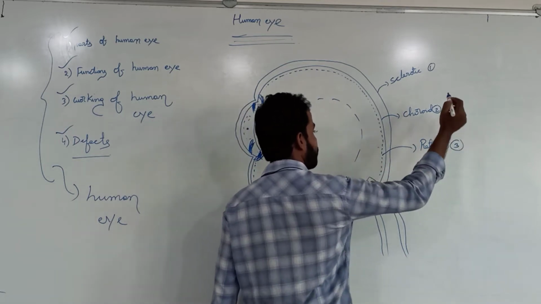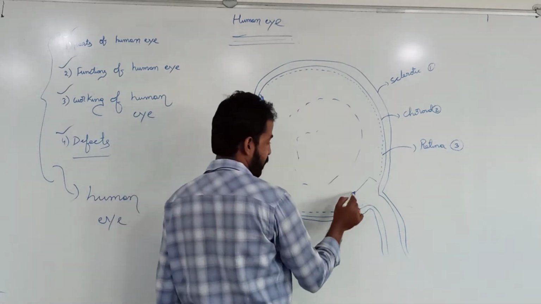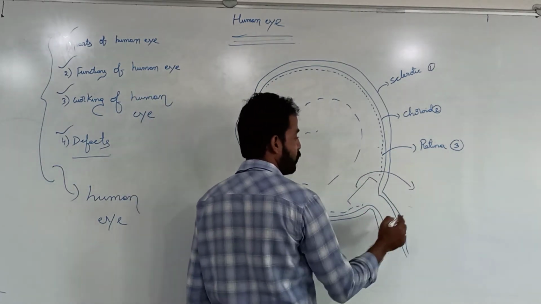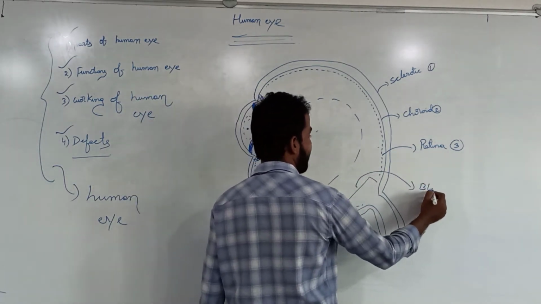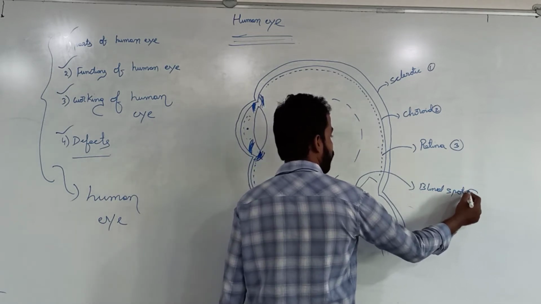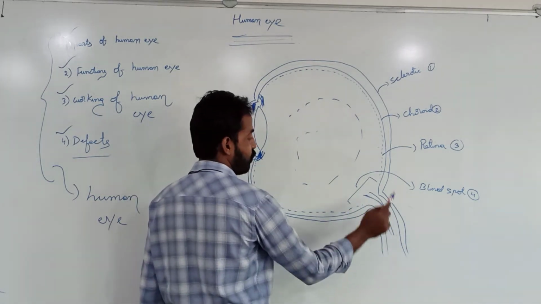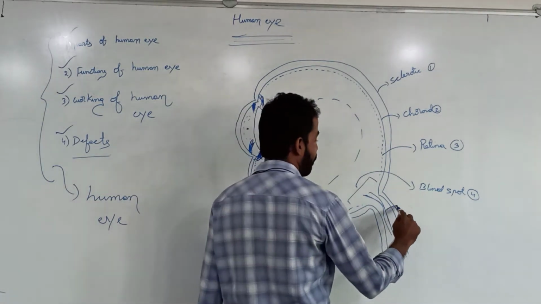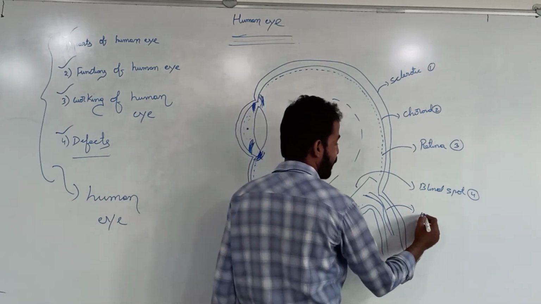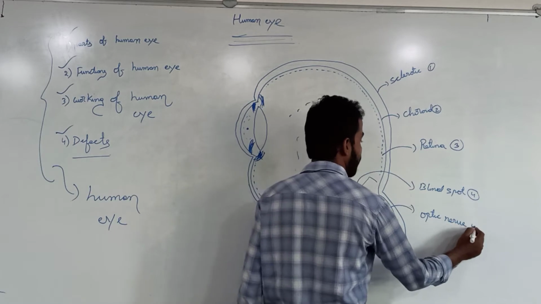Let's name this one as the third part, retina, and this part is known as the blind spot. The fourth part we call the blind spot, and here some nerves will be there. Those nerves are called optic nerves.